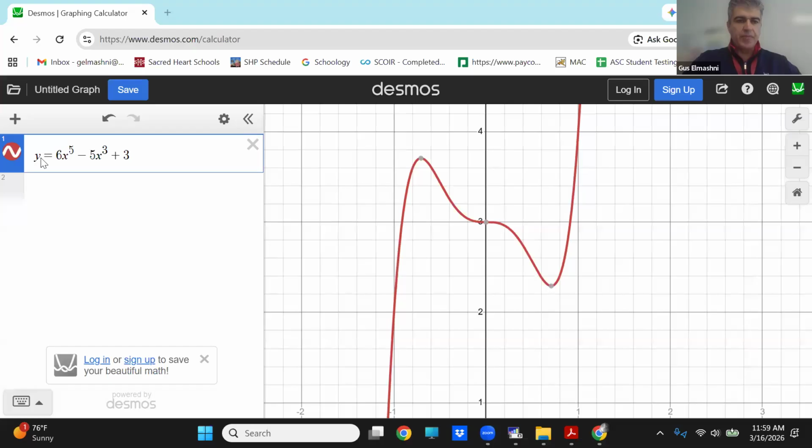That might be really good, actually. See, that's concave down until I get to here. Then it's concave up. Then it's back to concave down. Then it's back to concave up again.